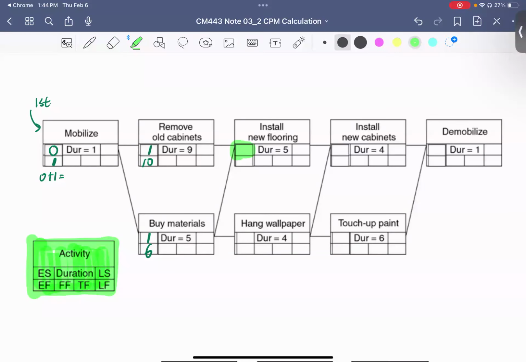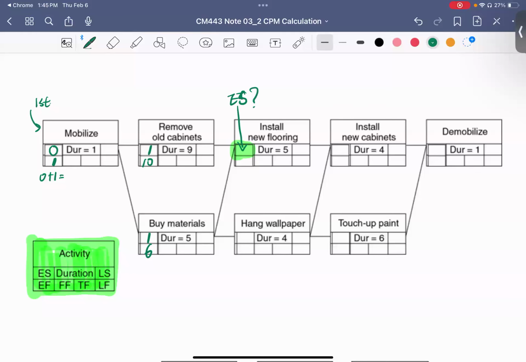The question is, what is the early start time for here? I'm not sure. Anyone can? It's 10. Why? Because it's after the remove old cabinets, which is 1.